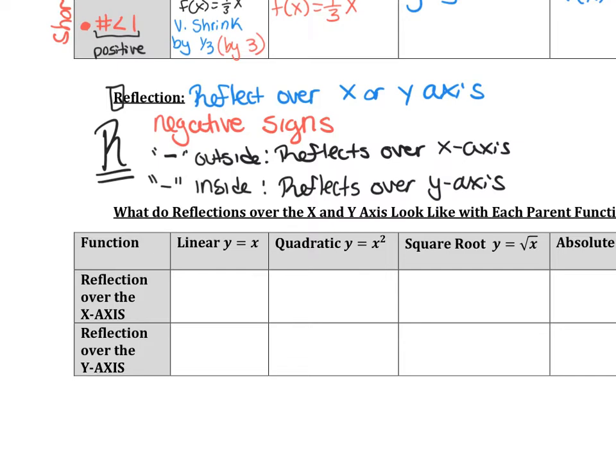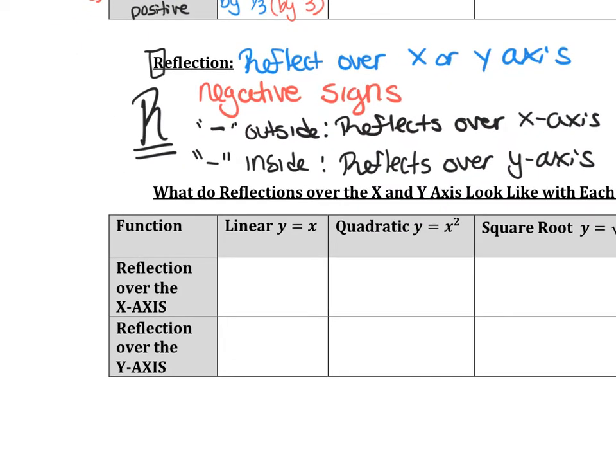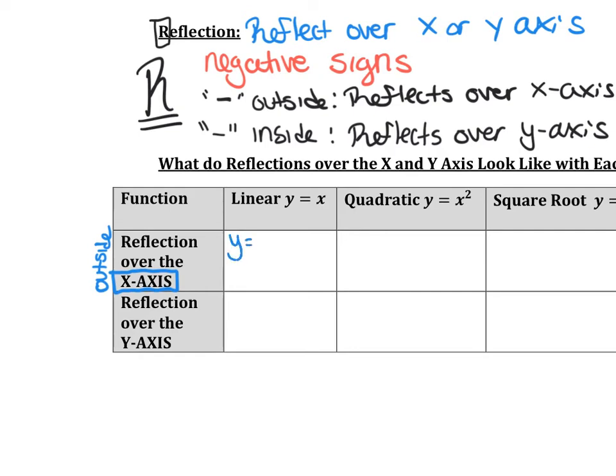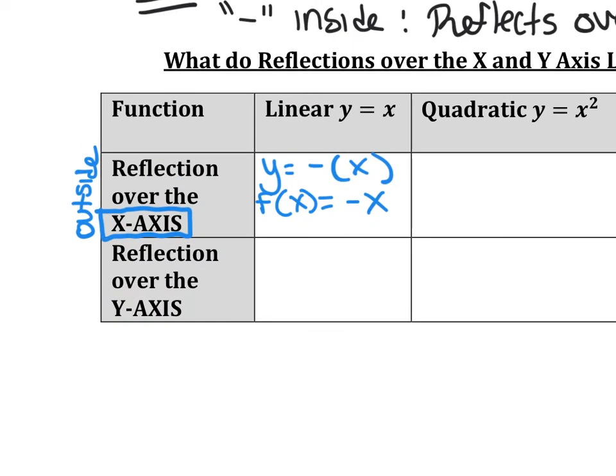Okay, so for what it would look like for these different functions, again, reflection over the x-axis means it's outside. So we'd have y equals negative x, or f of x equals negative x. Again, if there's no parentheses grouping it together, it's assumed to be outside. So since the negative is on the outside here, this is what reflects it over the x.